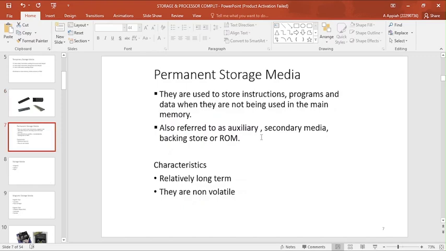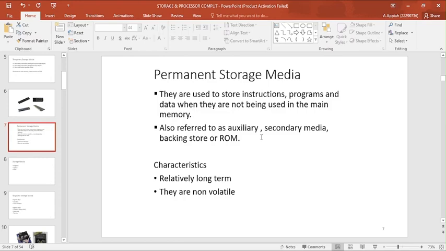Now, the other type of the storage media is the permanent storage media, which operates in opposite form of the temporary storage media.